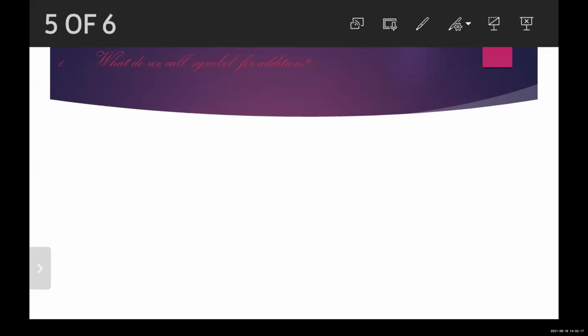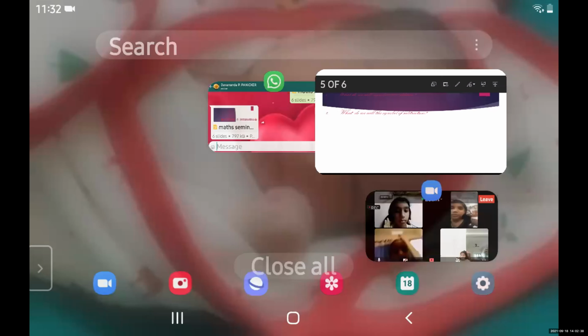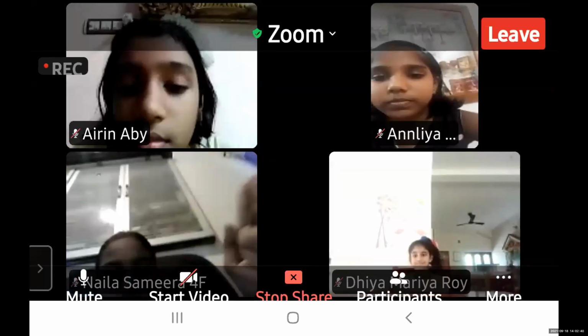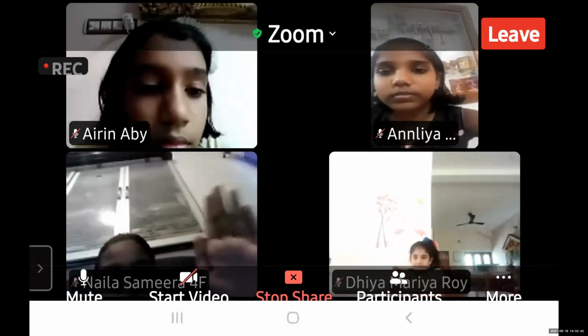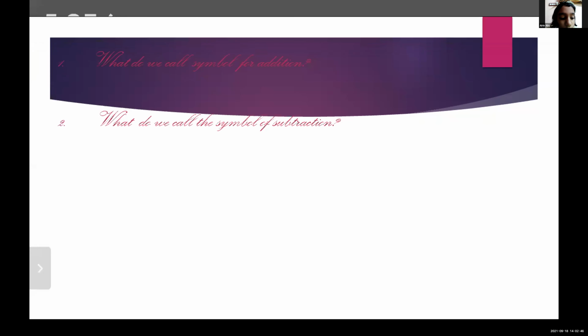What do we call the symbol for addition? Plus. Correct answer. Next question. What do we call the symbol of subtraction? Minus. Correct answer.